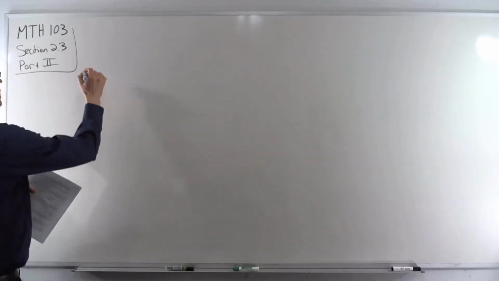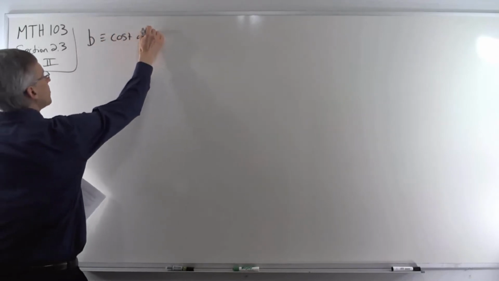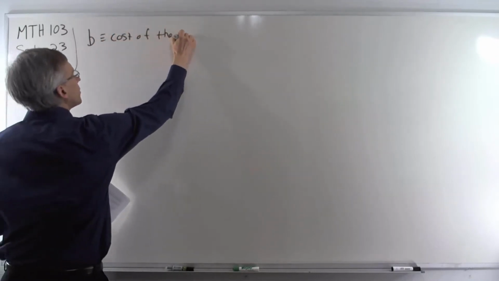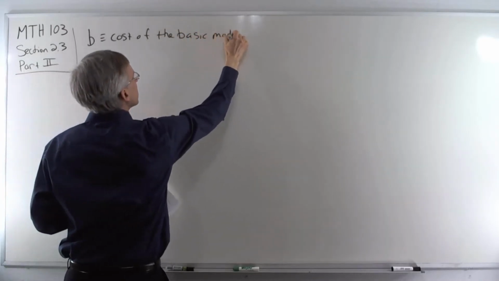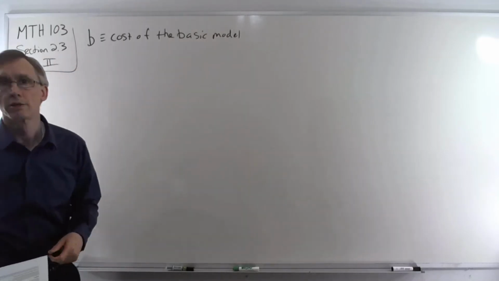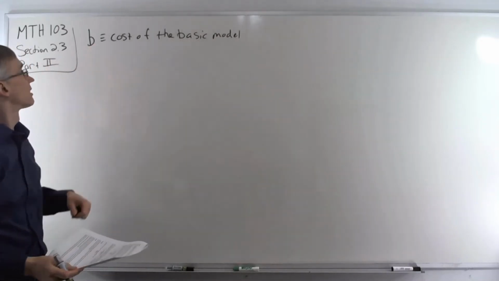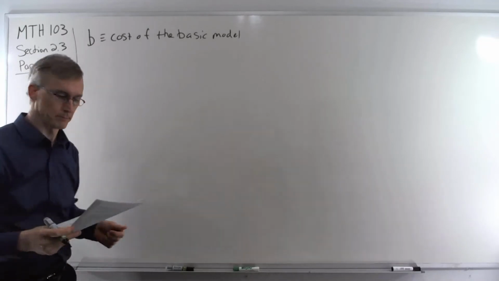So I'm going to define B to be the cost of the basic model. I use the meaningful variable B because right away I know B stands for basic. So it's just easier to read that way.